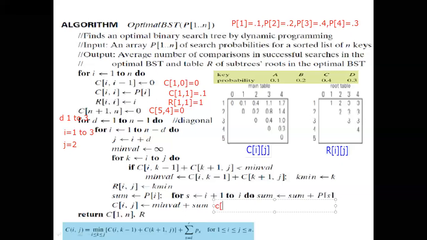C of 1, 2 is equal to minimum of C of 1, 0 plus C of 2, 2 plus 0.3. In the formula, I am doing it as it is.